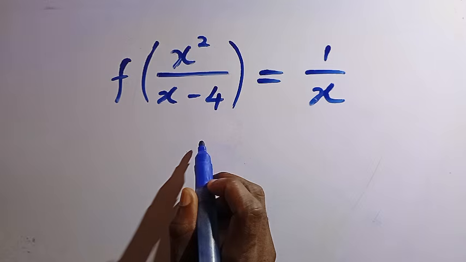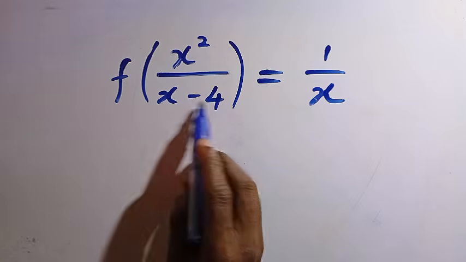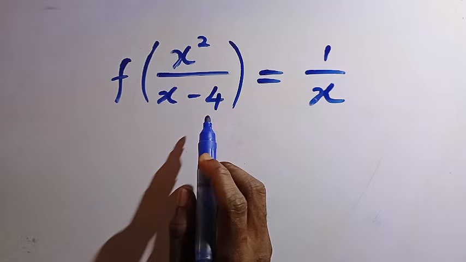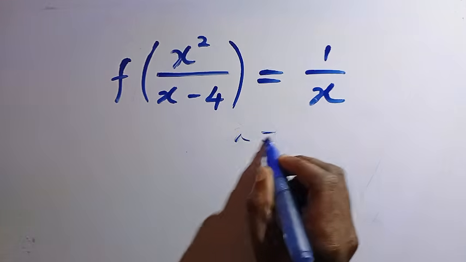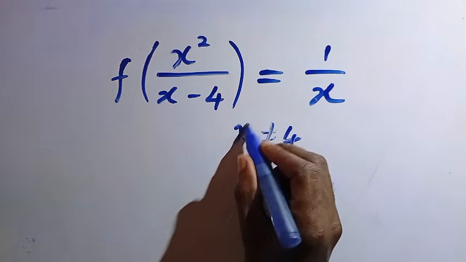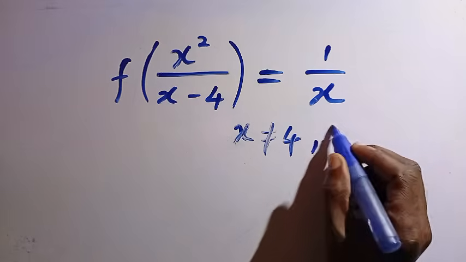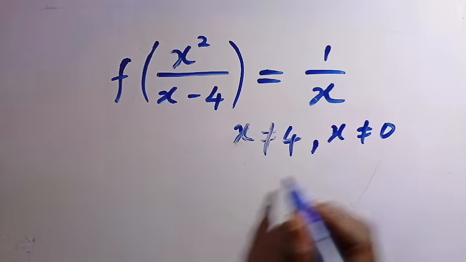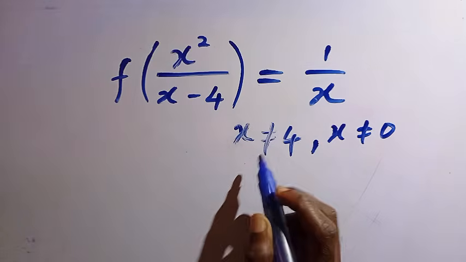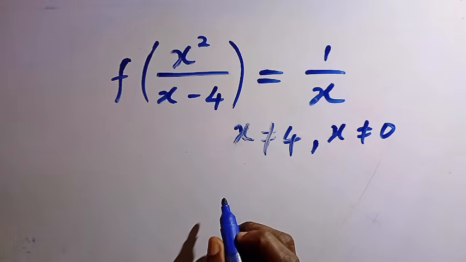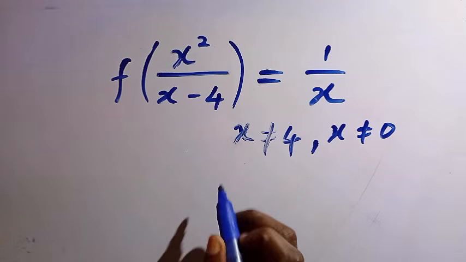With this x minus 4, one of the things we have to avoid is that x is never equal to 4. And again, x can never be equal to 0 because of the x that we have here. After understanding these two, we are going to solve it step by step.